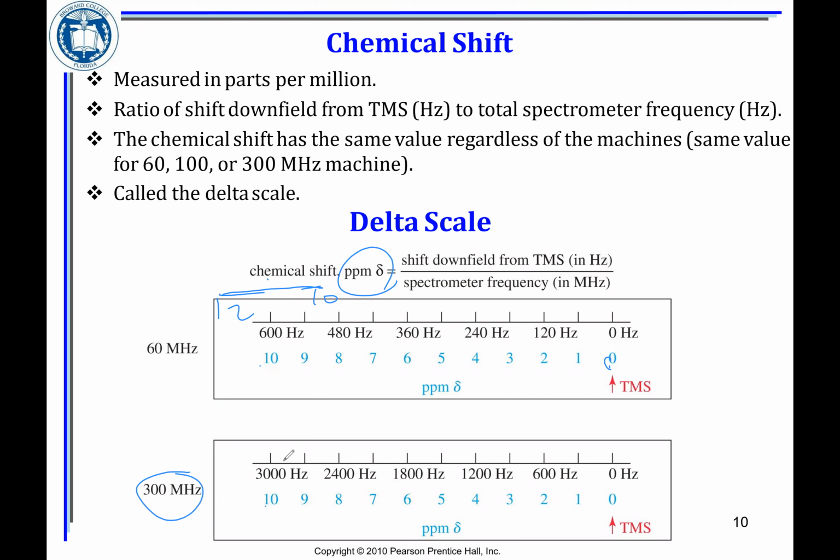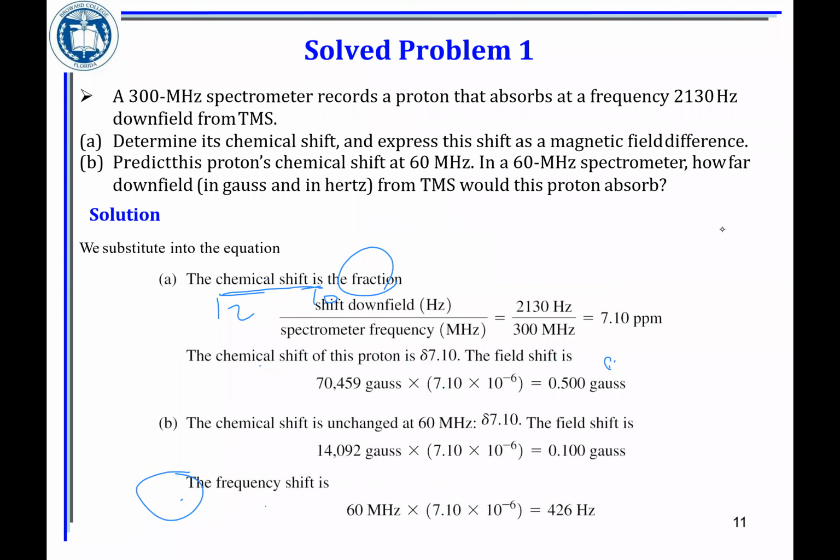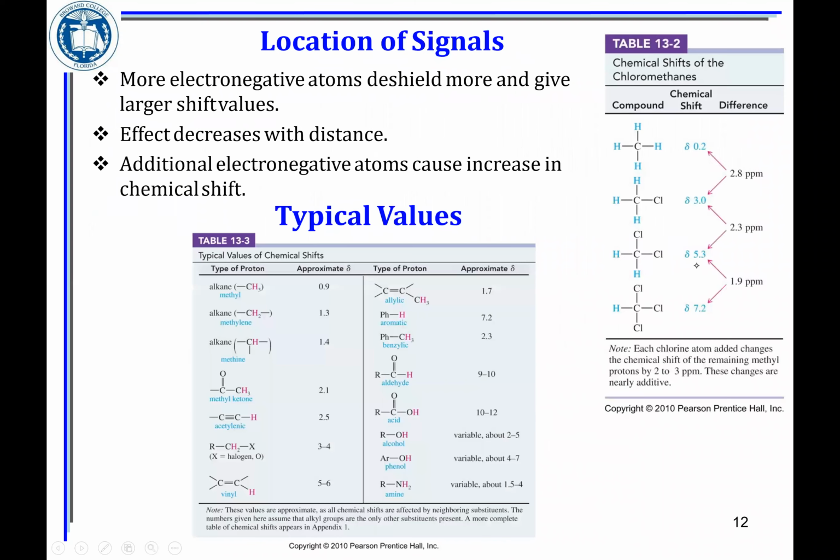One of the characteristics would be a stronger magnetic field. But regardless of the magnitude of the magnetic field, the scale is going to be 0 to 10. If a compound shows a signal on the first machine, which has a 100 megahertz magnetic field, at 6, then on the 300 it is also going to show at the same location, 6.